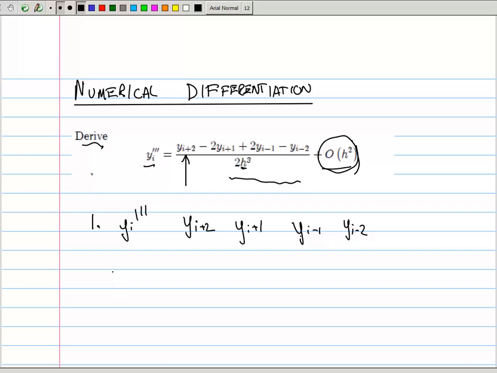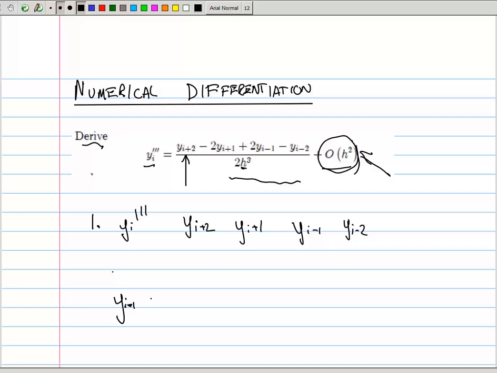So the other thing that we need to look at before we start writing out Taylor series is this value over here. They are asking for accuracy to O(h squared). So when we write out our Taylor series, if we're doing our y_i minus 1, let's start with this one.